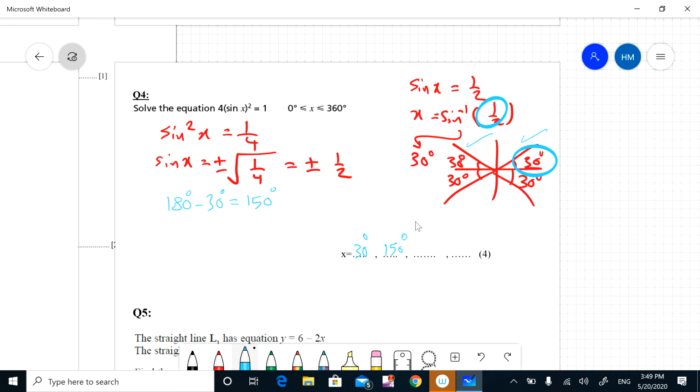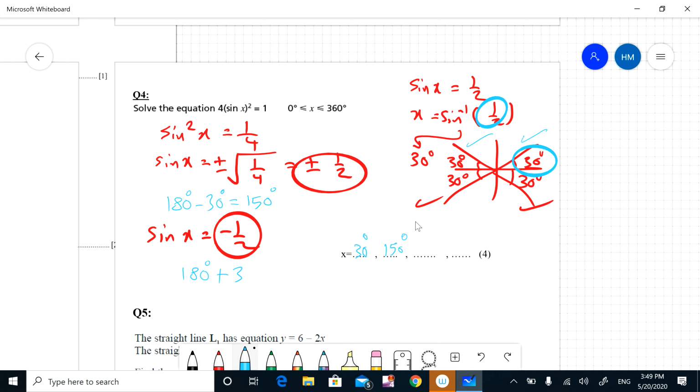This is the second angle. What about the other two angles? We have another equation. You have to put also sine x is negative half. We solved the first part when sine x is positive half, but now it's negative half, and the sign is negative in the third and the fourth quadrant. In the third quadrant, it is 180 plus 30. This is 210. So you have to put 210 here.